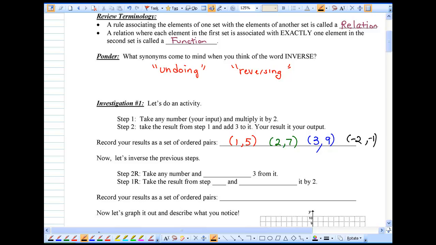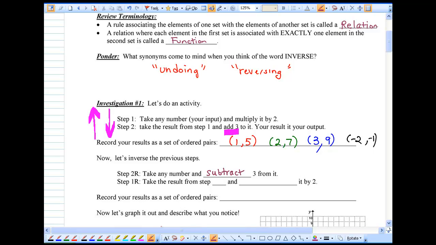Okay? Now, let's inverse the previous step. So when I inverse, I'm going backwards. Instead of going forward, now I'm going backwards. That's why I call it 2R, to reverse. The reverse of step 2, the reverse of adding 3, is subtract 3.